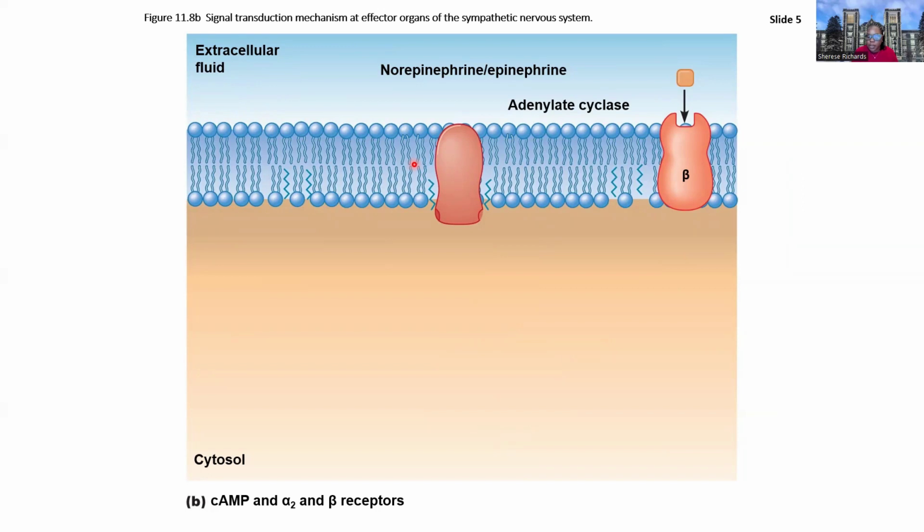So for the beta receptor side of things, the G protein is stimulatory, and so the dissociation causes an activation of adenylyl cyclase, and then that causes an increase in cyclic AMP.